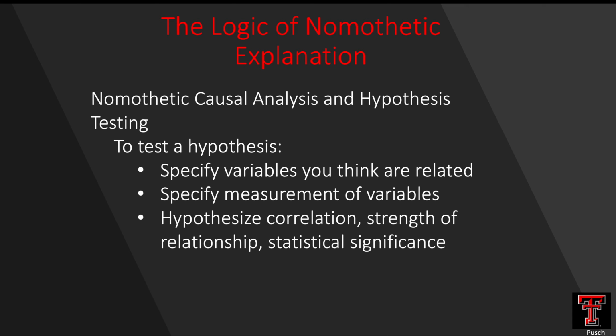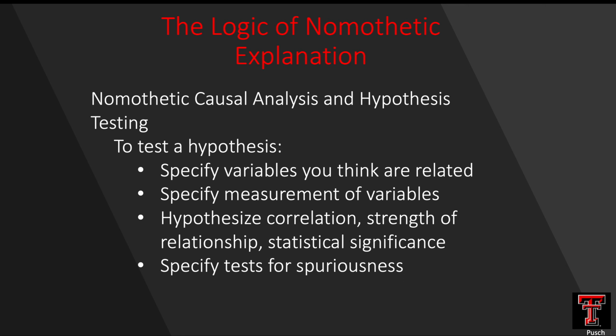So you want to say the correlation, is it a positive or negative correlation? The strength of the relationship: do you think there's going to be a large effect or a small effect? Statistical significance: if you think there is a relationship, that's going to be statistically significant. But if you say there's not going to be a relationship, then that would be not statistically significant.